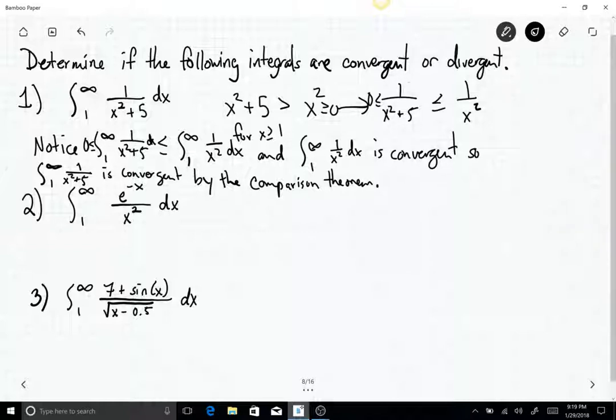Okay, so hopefully that makes sense in terms of how you write this up. And notice what we did is we didn't even evaluate an integral. We just talked about the integral from 1 to infinity of 1 over x squared dx. But notice this is convergent since p equals 2, right? In our previous case, we were talking about 1 over x to the p. So we're good there. You just relate it back to ones that we know.